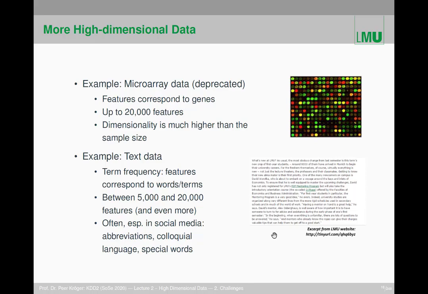And finally, very often you work with text data. The way you work with it is to extract features like term frequency features, which represent the frequencies of words or terms in a document. Depending on the vocabulary you use, typically you restrict the words you count to a fixed vocabulary, you end up with 5,000 to 20,000 features, or even more.